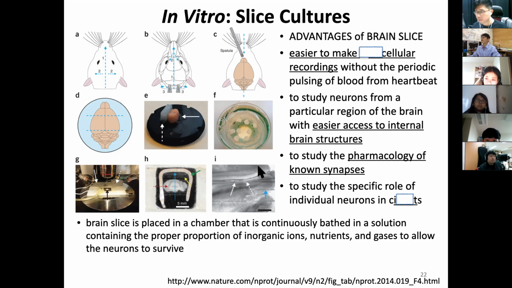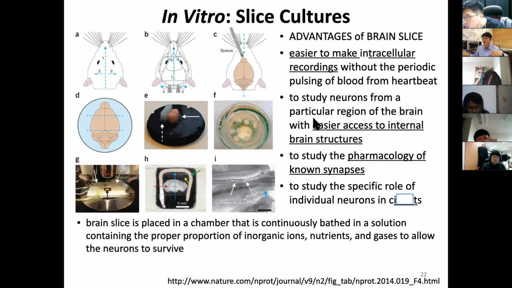So what's the advantage of brain slice? Easier to make. Now we are talking about extracellular recording without periodic pulsing of blood, because at this microscopic scale, pulsation of blood can actually interfere, okay? So we study a particular region of the brain. I want to study hippocampus, which is inside the brain, and it's very hard to do imaging directly because there's a cortex outside.